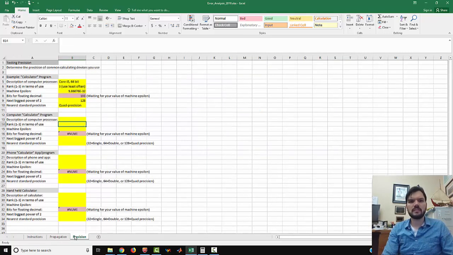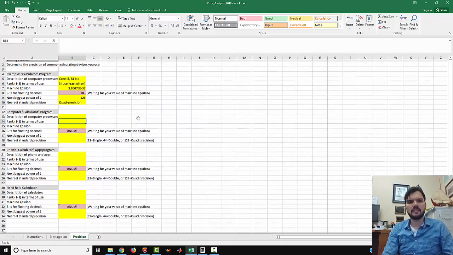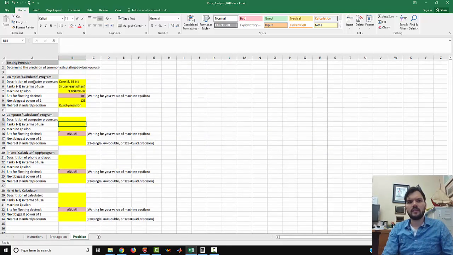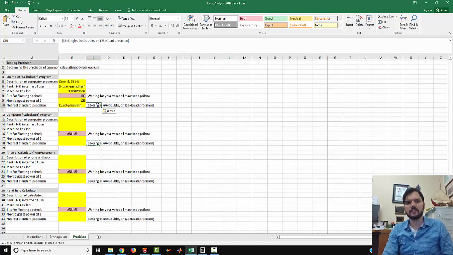So let's look over at the precision tab and see the example here. We're trying to compare the precision of a machine to either single, double, or quad precision based upon the number of bits that are used.